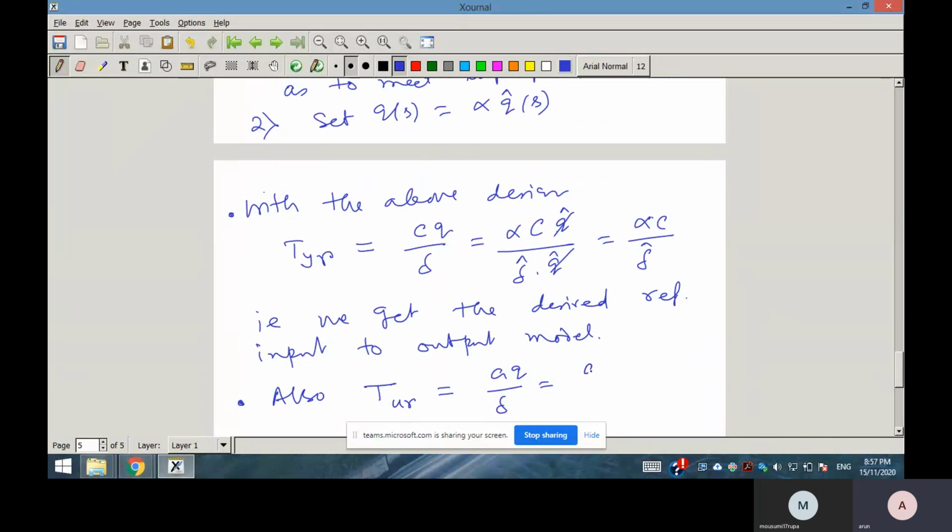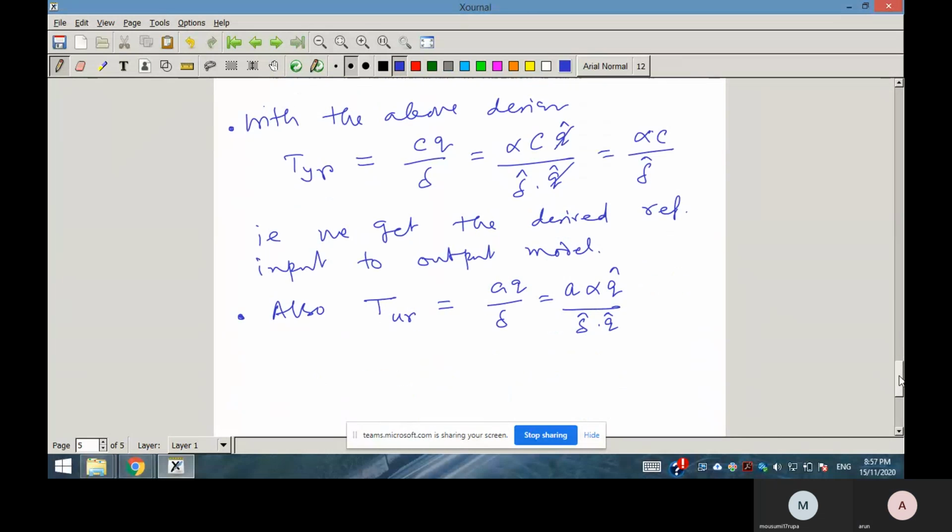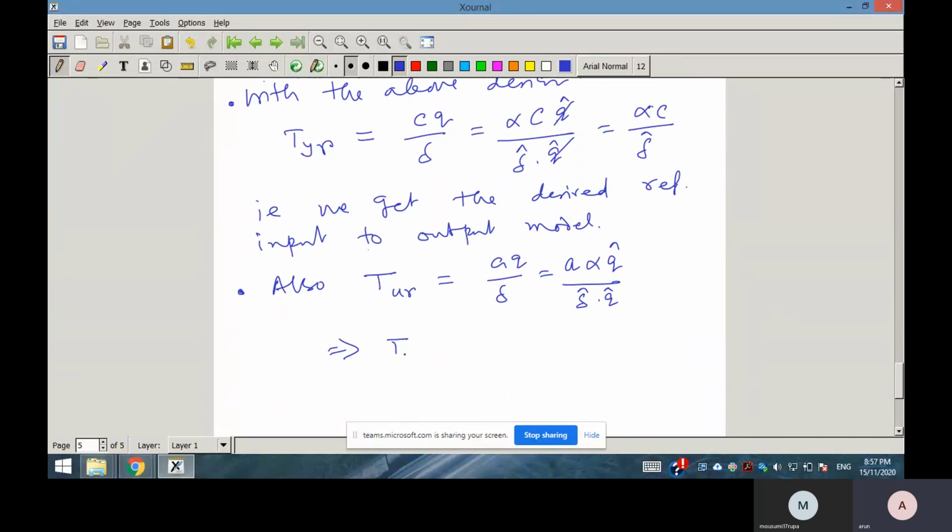Now Q is your alpha into Q hat, and delta is delta hat into Q hat. So that means TUR is alpha into A divided by delta hat.